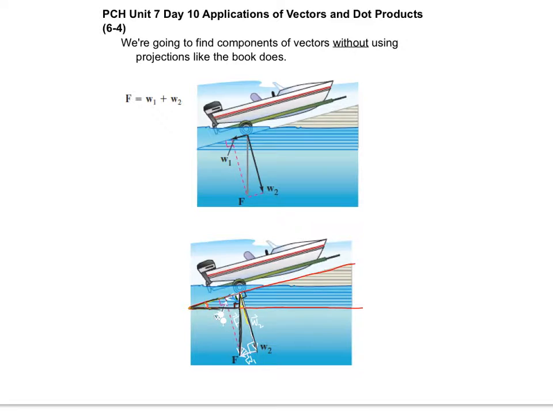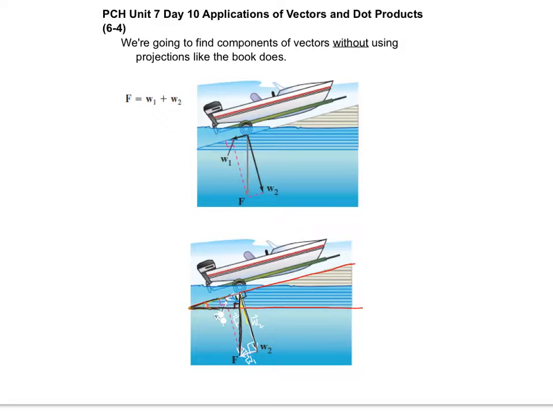We could say, hey, if a boat and a trailer weigh 3,000 pounds and the angle of incline is 17 degrees, how much weight are we going to have to use to pull it up the ramp? That would be W2. That would be W1. Oh, how much weight? Okay, to pull it up the ramp. Oh, okay. So it depends what you're given, and it depends what you're trying to find.